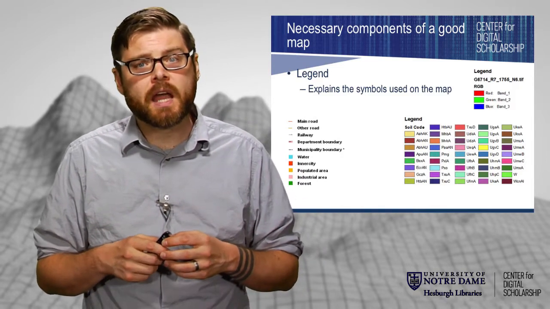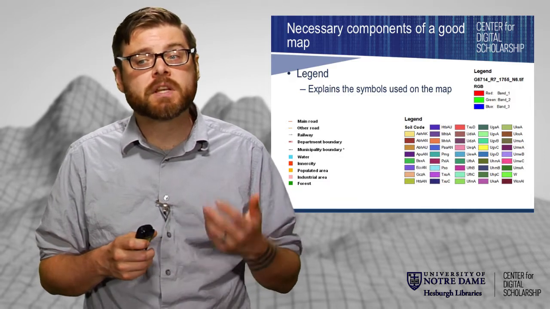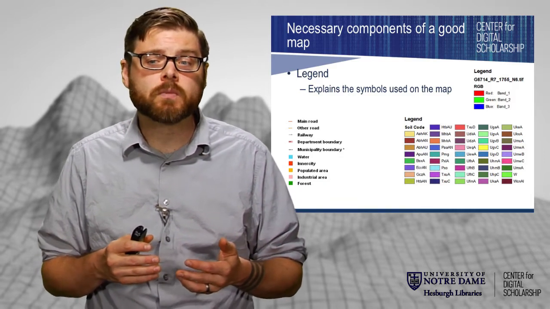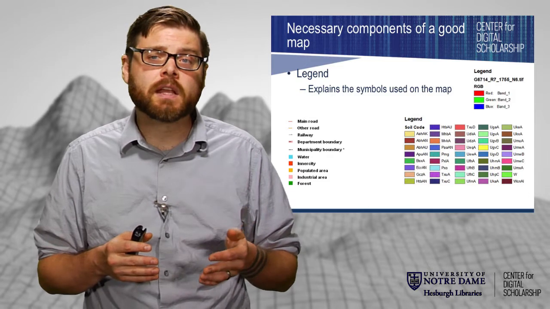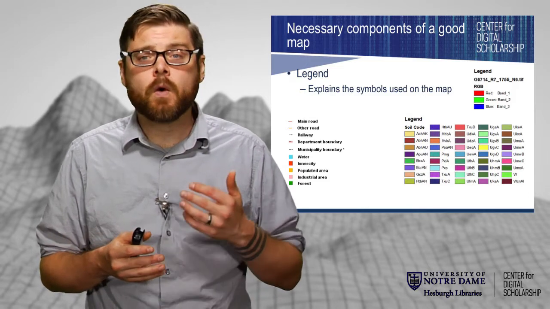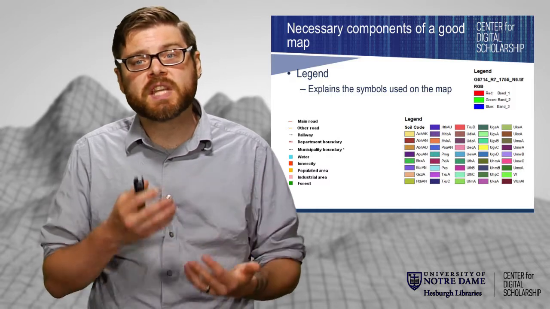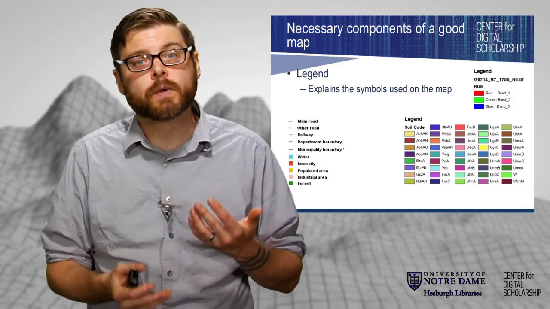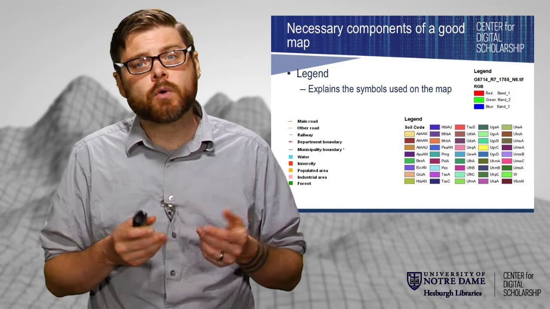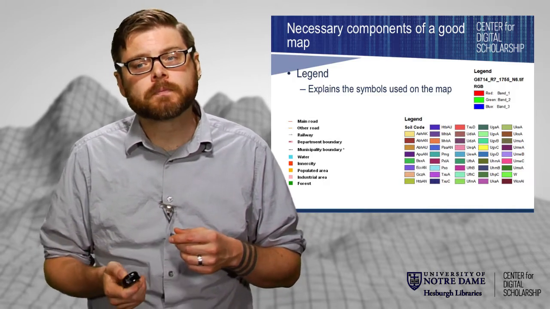So it's always a good idea to have a legend on your map, particularly if you're using any sort of abstract symbols. And if you have raster data in there that are, say, topography or density of something, you need to be able to explain what the scale you're using is, what the color ramp that you're using is. So it's really important to have a legend on most maps.